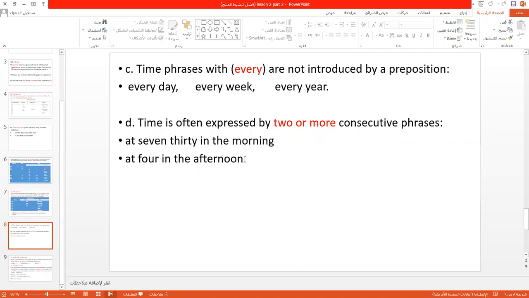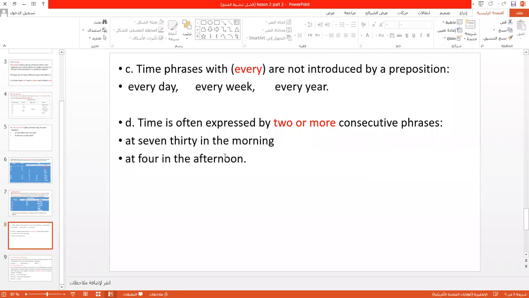Sometimes we can use more than one time phrase. As you see here, time is often expressed by two or more consecutive phrases. Notice at 7:30, this is a time phrase. In the morning, another time phrase. At 4, this is a time phrase.